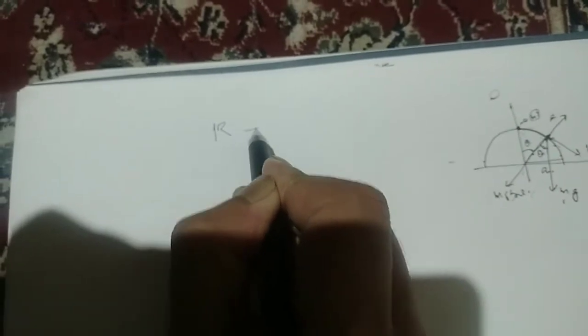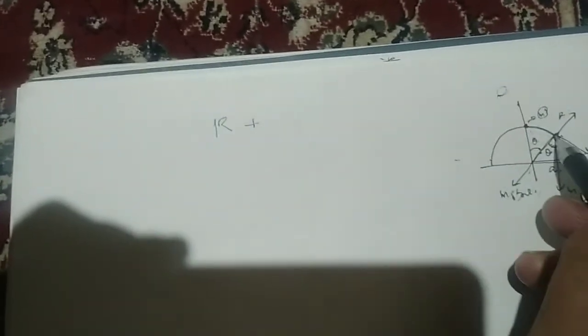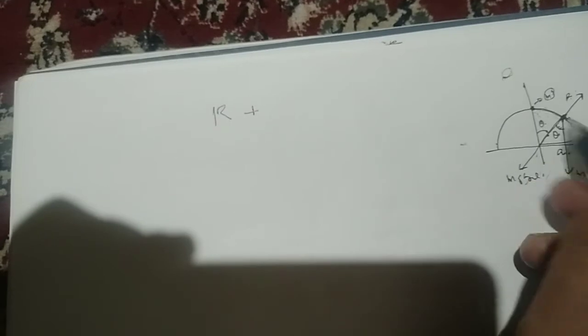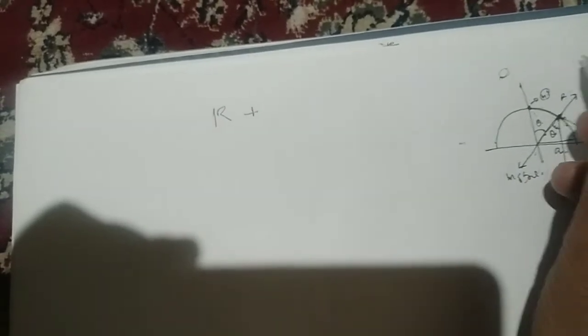If I write one form of Newton's second law here, the first force is the normal force, plus, if the particle moves along this trajectory, it will have some angular velocity omega.